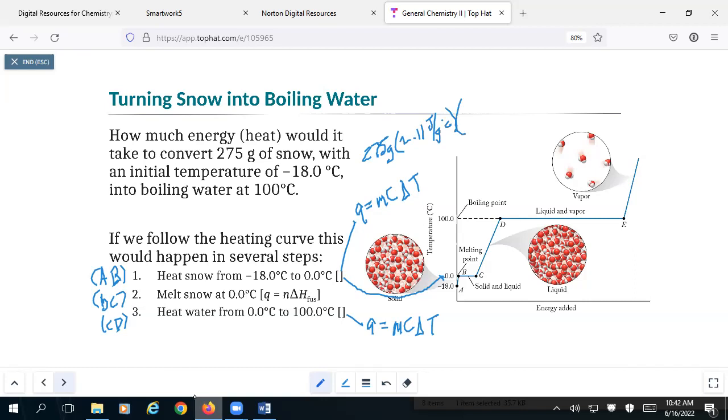And our change in temperature, delta T, is always final temperature minus initial. So our final temperature was 0.0 degrees Celsius. And we started at negative 18 degrees Celsius.